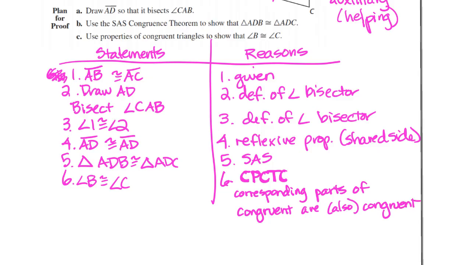And so that's a little shortcut that you can use. C, P, C, oops, I forgot the word triangles, T, C. So that is why the base angle theorem works.